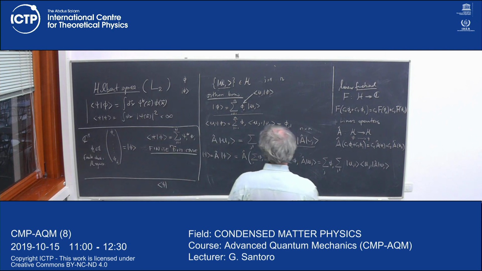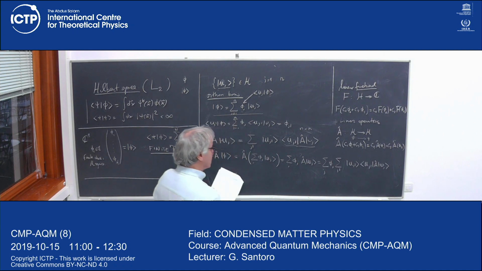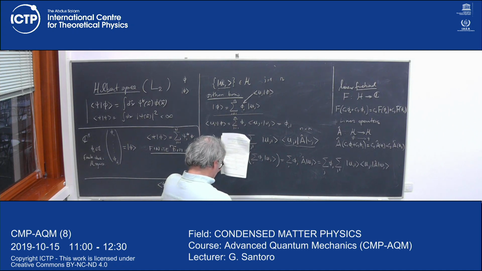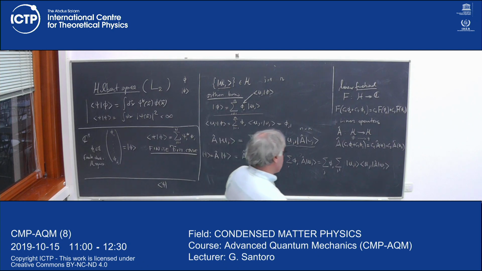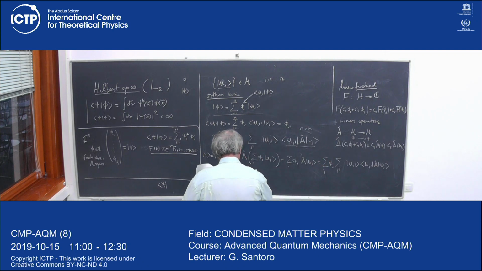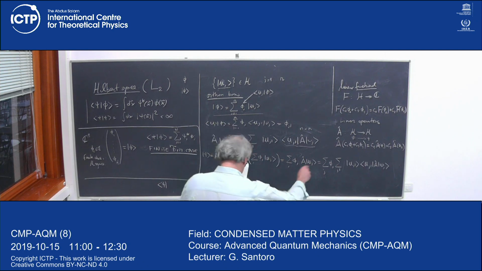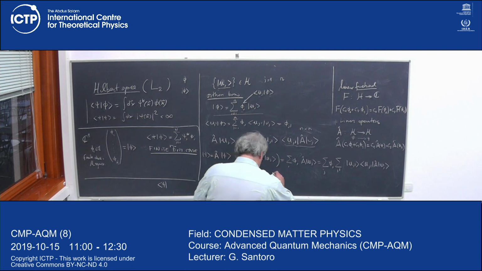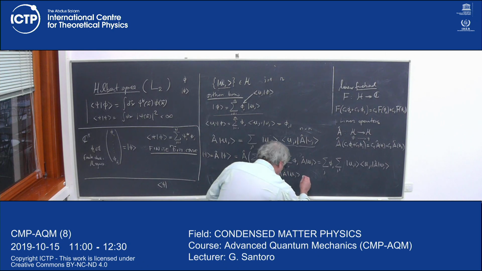I rewrite it in the following way: the sum over j and j prime, both of them, and then I write u j prime, and then I have the matrix element u j prime A u j times phi j.